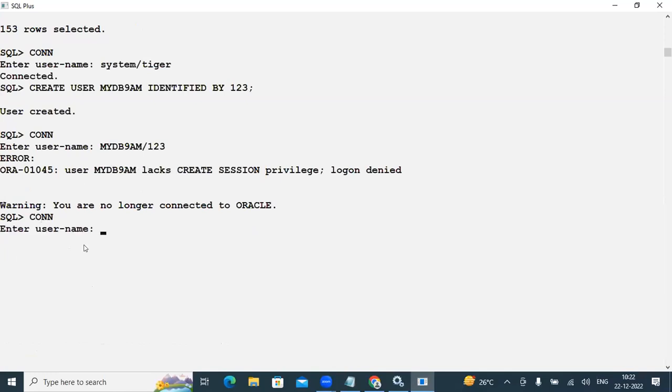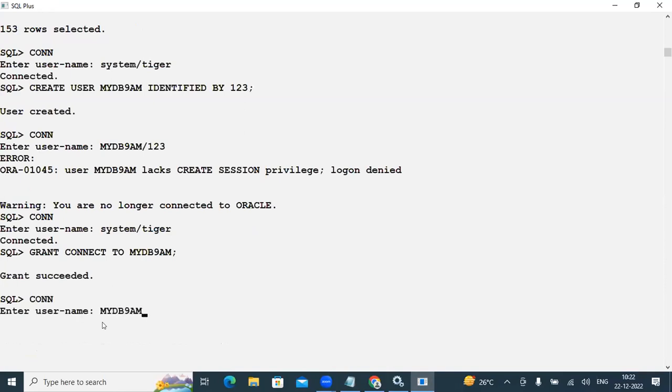Again, I will connect with my admin. Who is my admin? System and Tiger. Now he will give the grant. Which permission? Connect, to which user? MyDB9AM user. Grant succeeded? Yes. After success, now we can go with MyDB9AM/123. Can he connect now? Yes or no? Now he was connected successfully. Got it? Write down below.